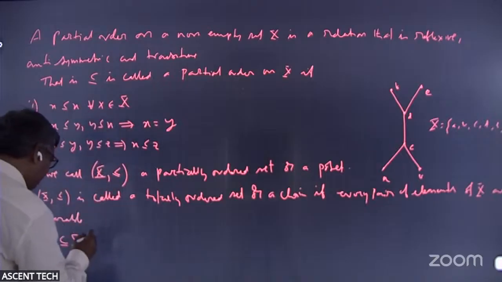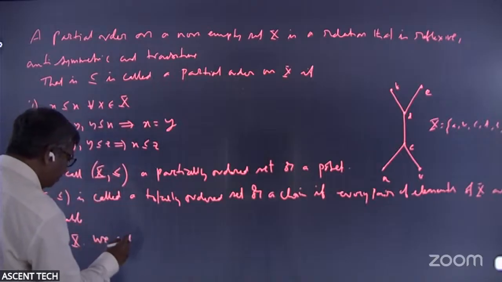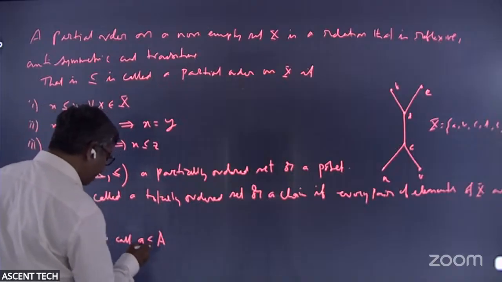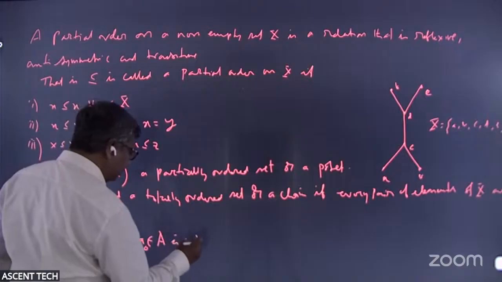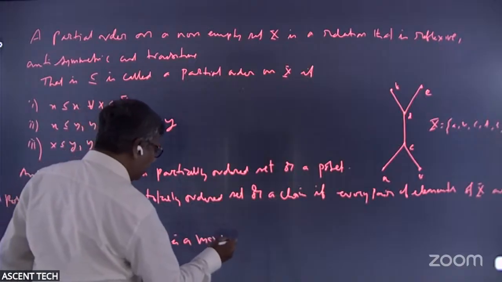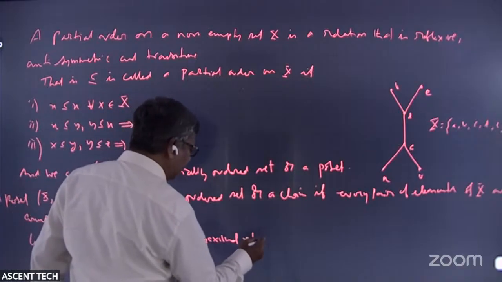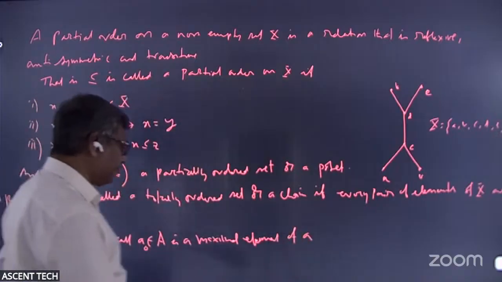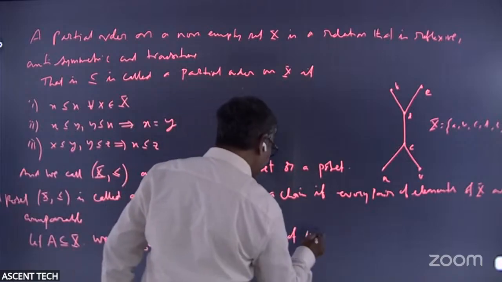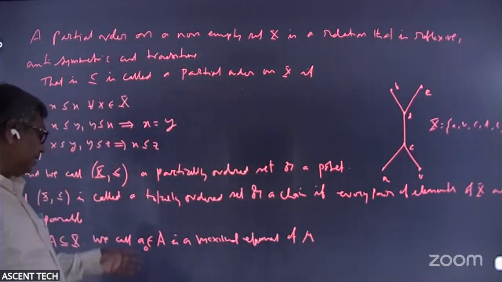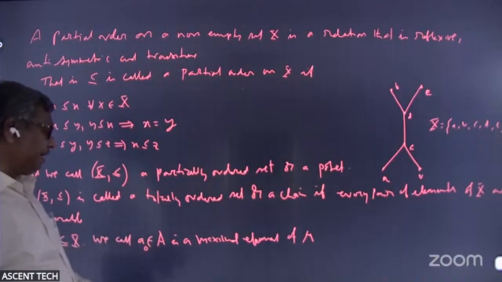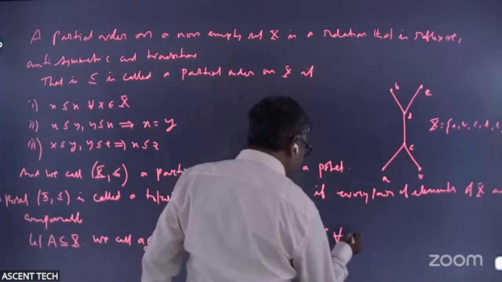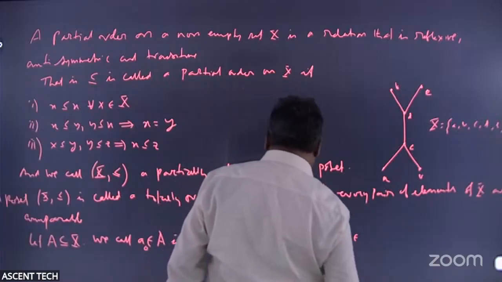We call a naught in A a maximal element of A if there is anything in A that is bigger than or equal to a naught, it has to be a naught itself.